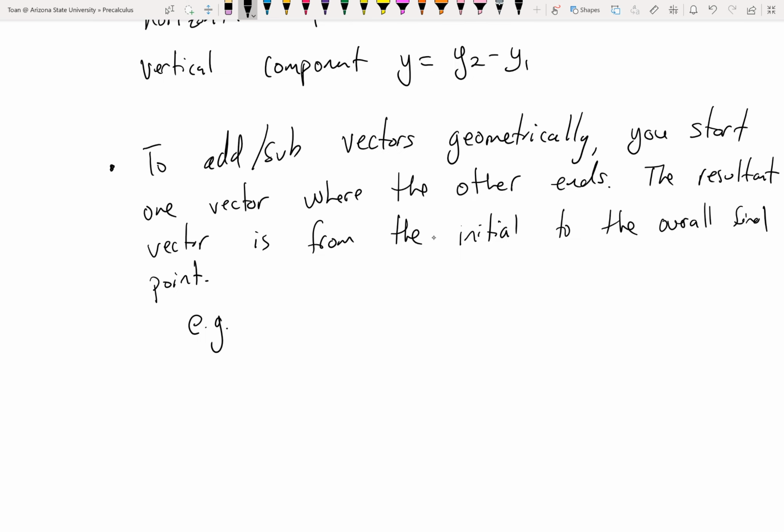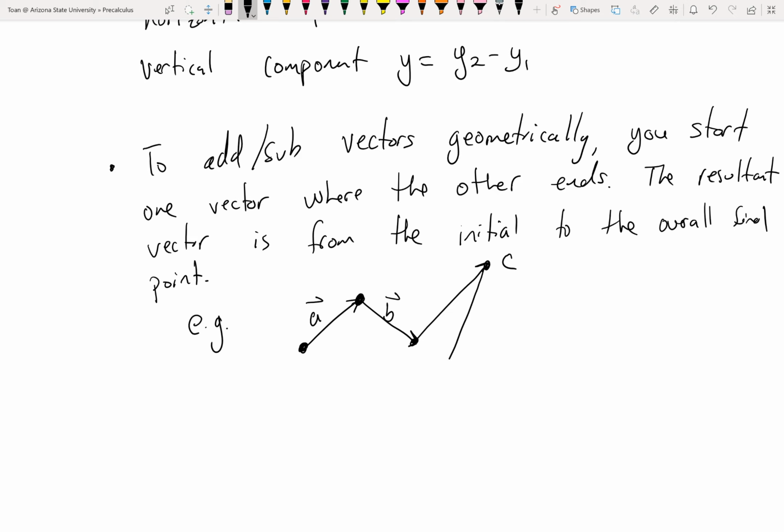For example, say we had vector, I'm going to add up a whole bunch of vectors. So, just randomly, let's call that vector A. Clearly it starts down here and it ends up here. So if I want to add to vector A, I have to start at this point here. So let's say I added vector B, and I'm going to go crazy, and C is all the way over here. Ooh, that's not a straight line. C is all the way over here.